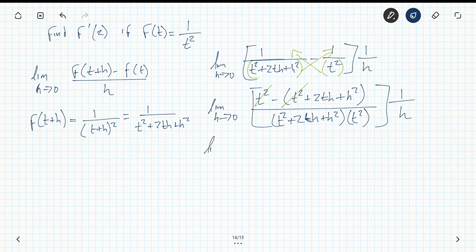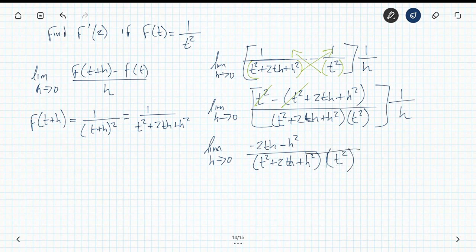The limit as h approaches 0 of negative 2th minus h squared over (t squared plus 2th plus h squared) times t squared, and all of this over 1 over h.